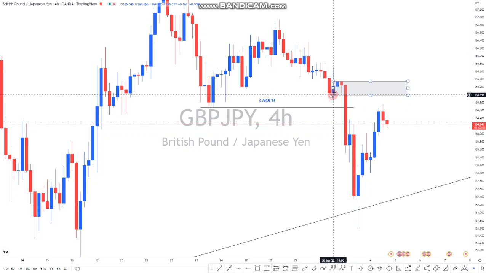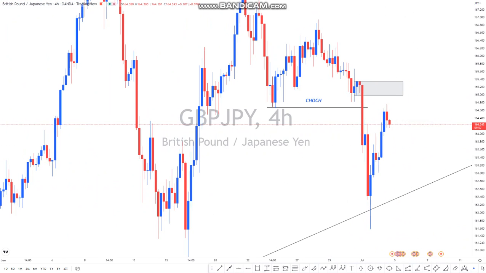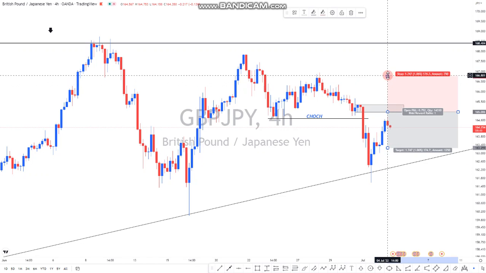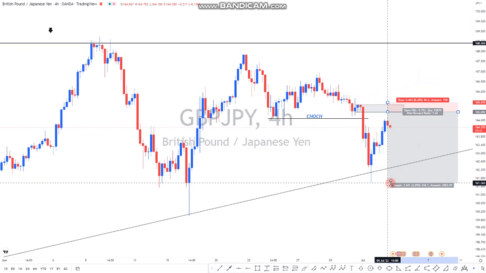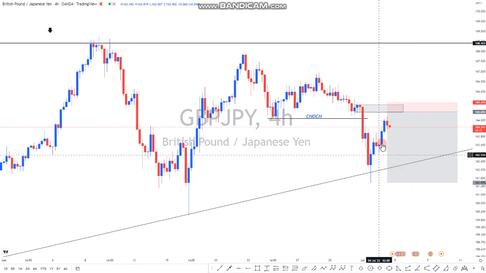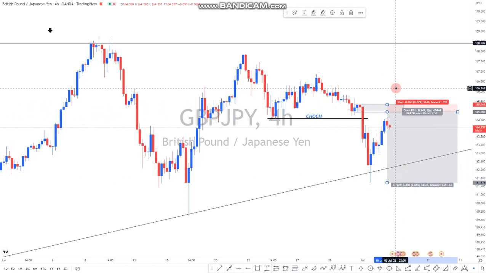Kwa hivyo tunachosubiria hapa ni market ifike kwenye order block for us to take on selling opportunities. So we'll be taking these selling opportunities till the previous lower low, since the market has created a new low na inarudi juu ku create new higher low ili kuja ku create new lower low. So we'll just spot our TPs around that area and our stop losses at the end of the block.